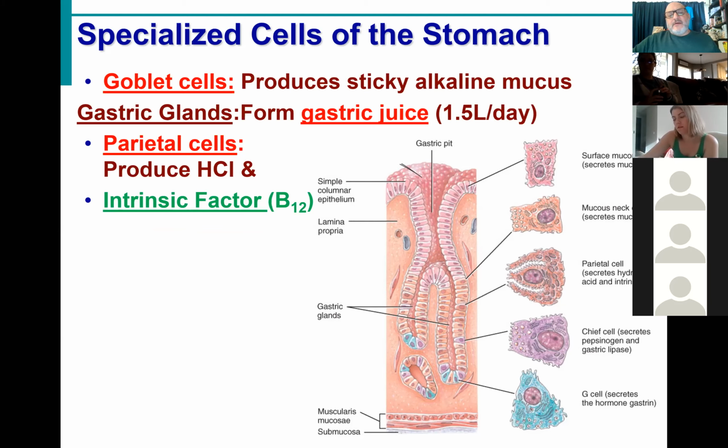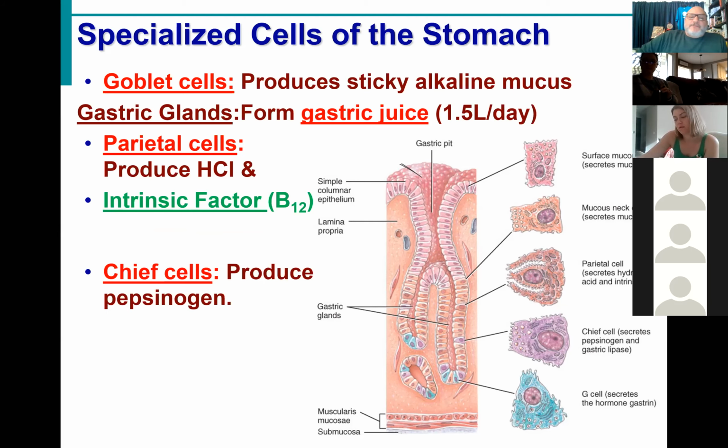Now, as I mentioned, our parietal cells denature proteins, allowing them to be more easily broken down by enzymes. So it shouldn't surprise you that chief cells produce an enzyme that helps us to break down proteins.